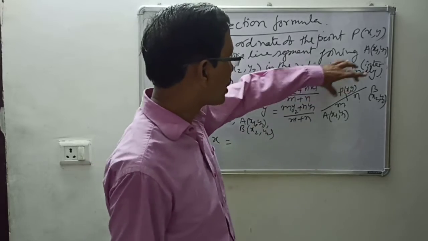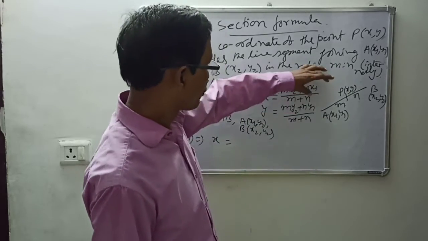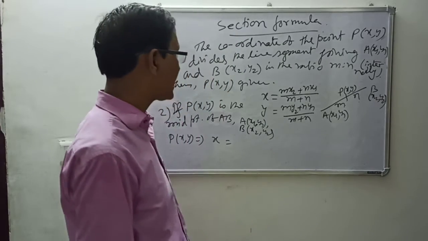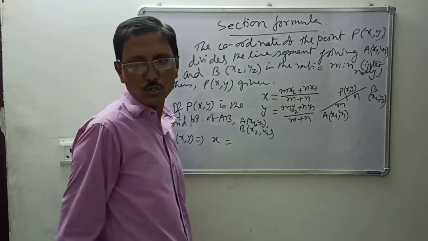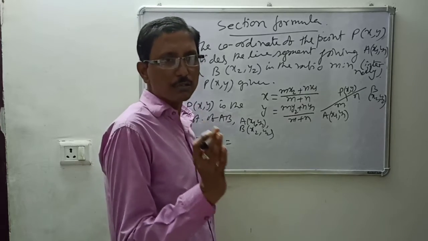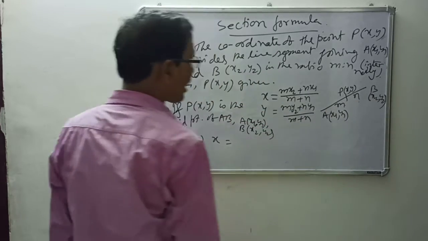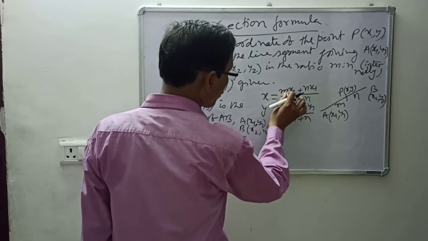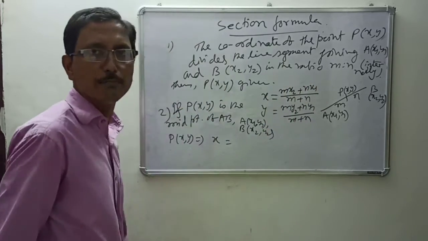It divides into equal ratio. So you can say AP equal to PB, or AP is to PB equal to 1 is to 1. That means m is to n is 1 is to 1. So simply you can put m equal to 1, n equal to 1 for the midpoint.